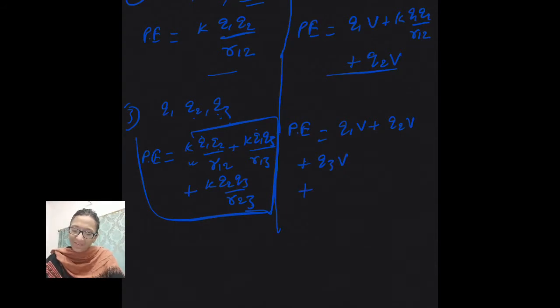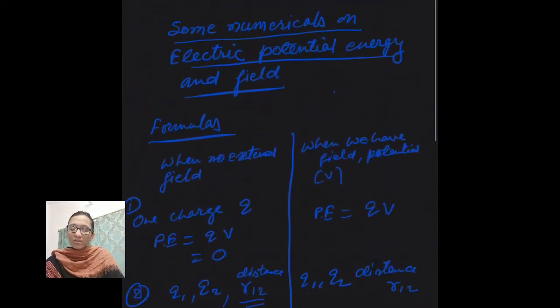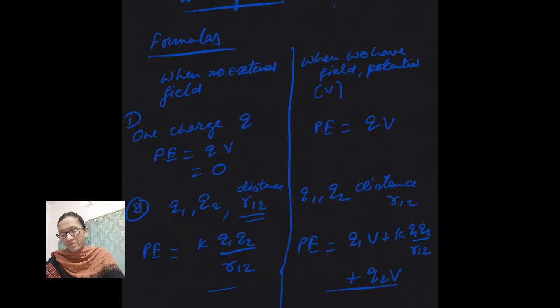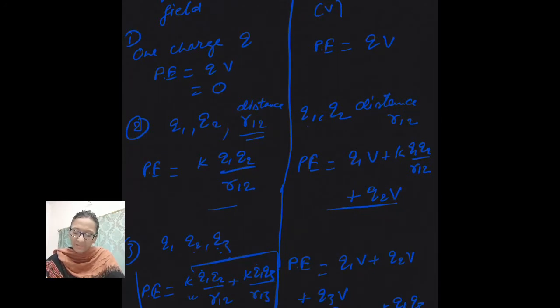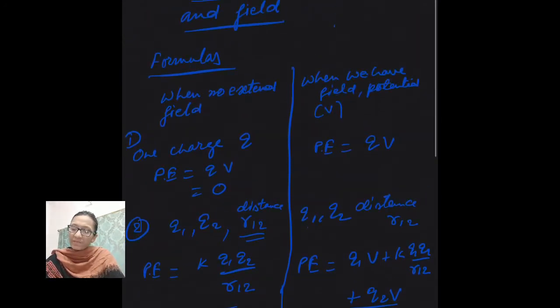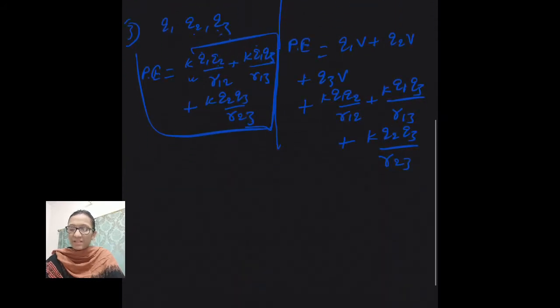You just simply add this one: K Q1 Q2 upon R12 plus K Q1 Q3 upon R13 plus K Q2 Q3 upon R23. So without external field, we will be using these formulas, and with external field, we will be using these formulas.